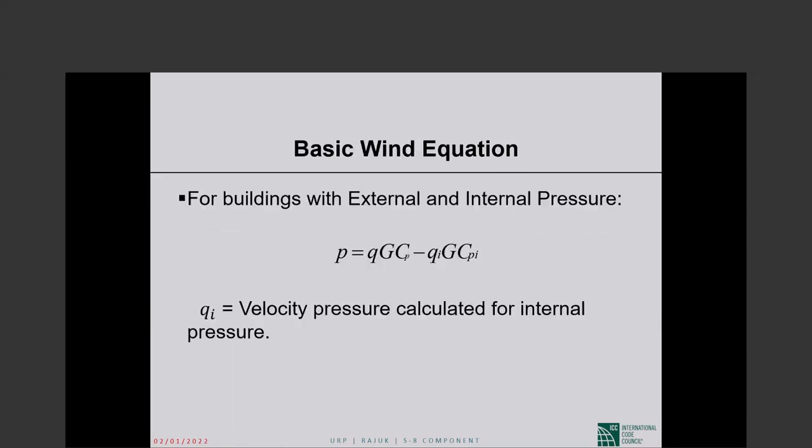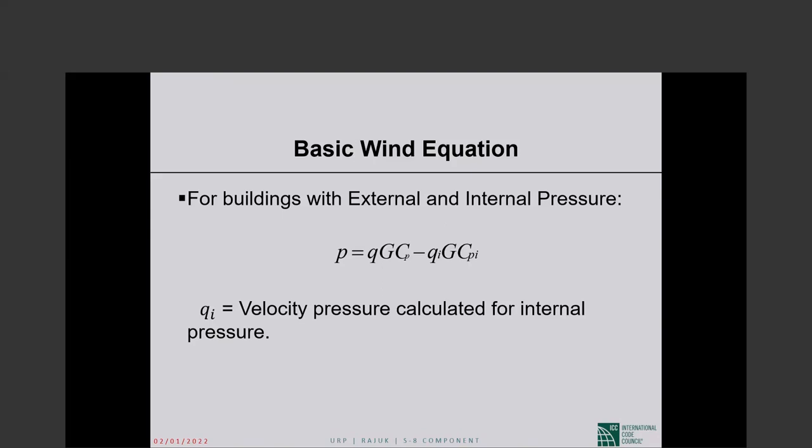Okay. So for buildings with external and internal pressure, the pressure due to wind P is Q G C sub P, the external pressure term that we have seen, minus internal pressure Q sub I G C sub Pi. Q sub I is velocity pressure calculated for internal pressure.